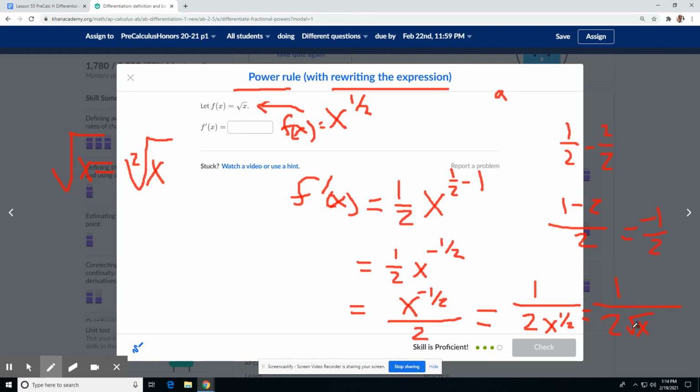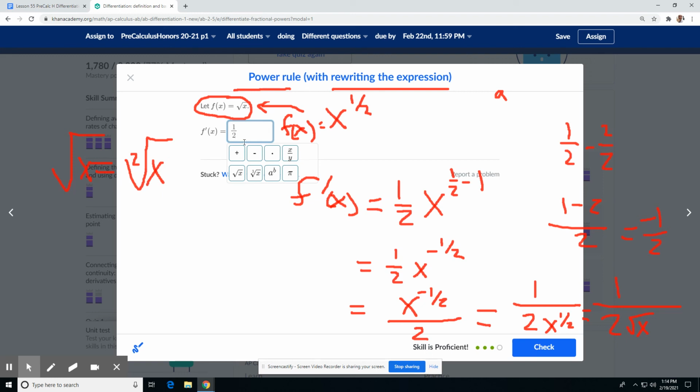Okay, 1/2 power means radical x, and that's what kind of problem they gave us. So I'll be distraught if they wanted this, but I gave them that. Those unspoken rules of math: 1 divided by 2 square root x is what they should accept.